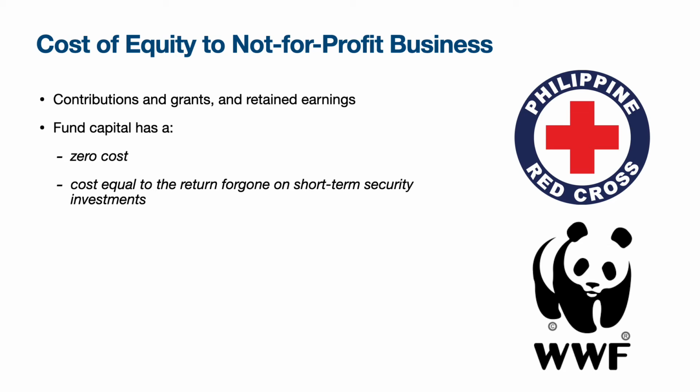Number 2, fund capital has a cost equal to the return foregone on short-term security investments. Since not-for-profit businesses can always invest contributions or earnings in short-term securities, low opportunity cost may be apparent.